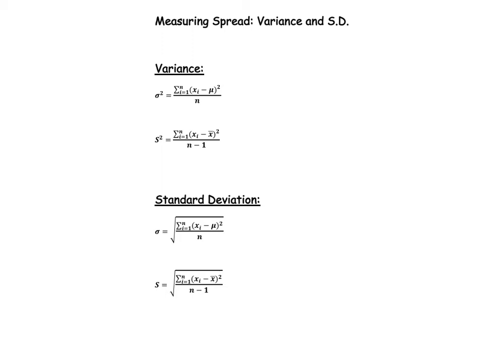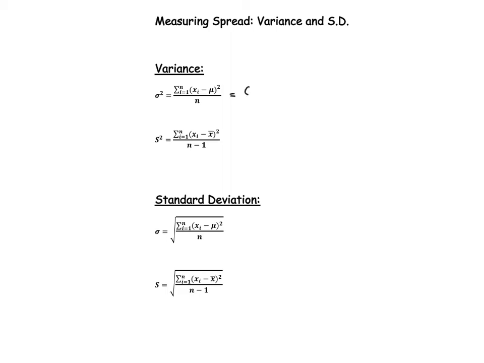So in essence, what you're doing is you're finding the absolute value of the distance from the average, squaring it, and then dividing by the number of terms. So we're averaging the distance squared. Okay, so let's lay that out. Maybe that didn't make sense verbally.